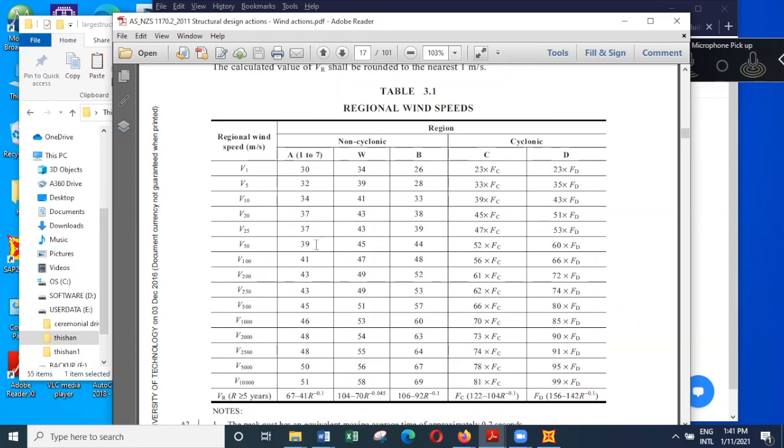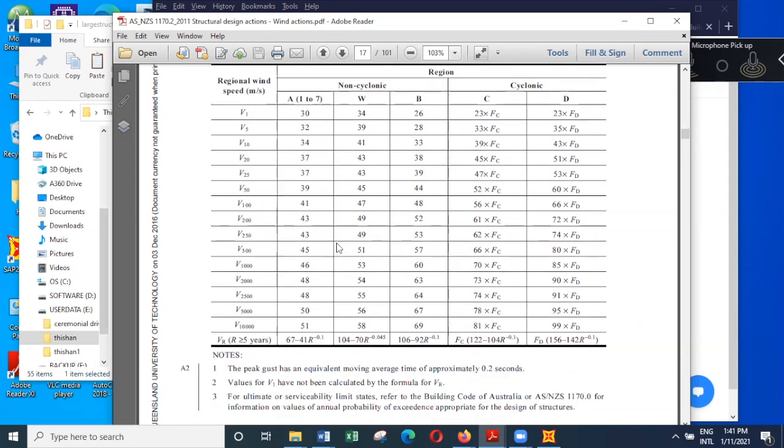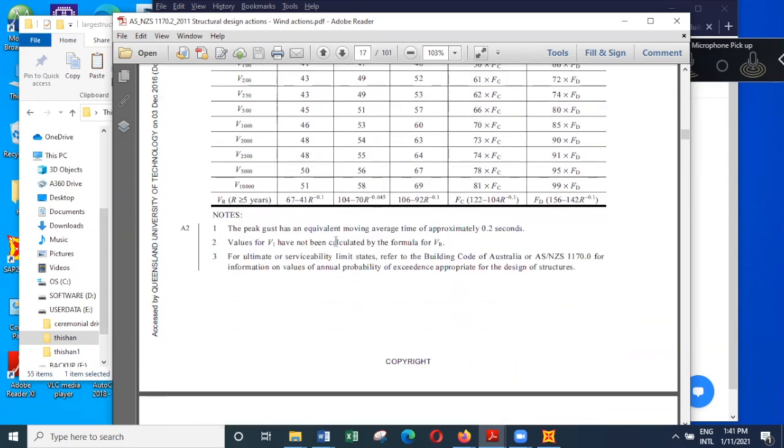Whereas in the Australian method, rather than going for a partial factor of safety, they simply go for a higher velocity. Finally, the net effect is the same. So the difference between service and ultimate conditions would be more or less the same. And generally in Eurocode, the difference between ultimate and service wind will be the 1.5 factor that we use as the partial factor of safety.